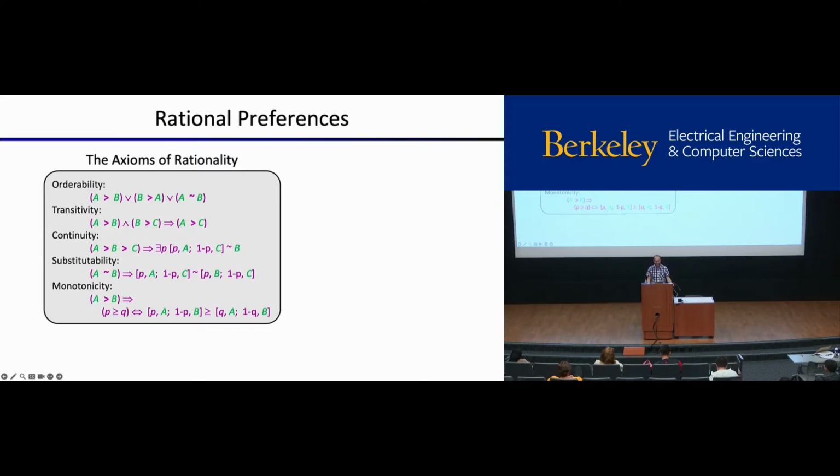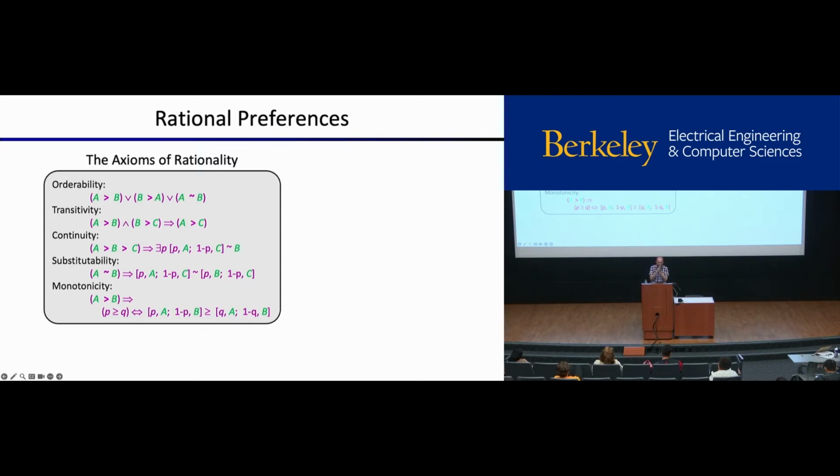Continuity is that if you prefer the apple to the banana to the carrot, then there's some probability p where you'd be indifferent between the banana and a lottery between the apple and the carrot, where you get the apple with probability p and the carrot with probability 1 minus p. So it's not going to be the case that, banana versus 90% chance of apple, 10% chance of carrot, definitely taking the lottery, but if it's 89.999%, then I'm definitely taking the banana.